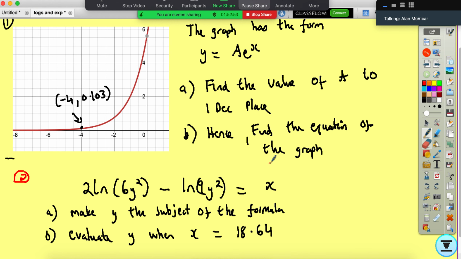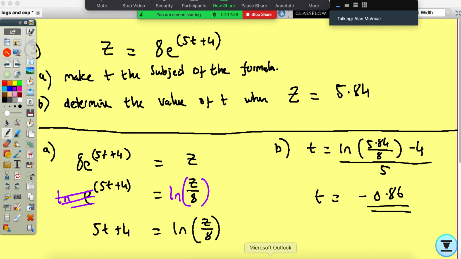Can you please make y the subject of the formula, and then find y when x is 18.64. After about 4 or 5 minutes, I'll move the page down and put on the third question for you. So please try these 2 questions, and then I'll move it down after about 5 minutes to reveal the third question.